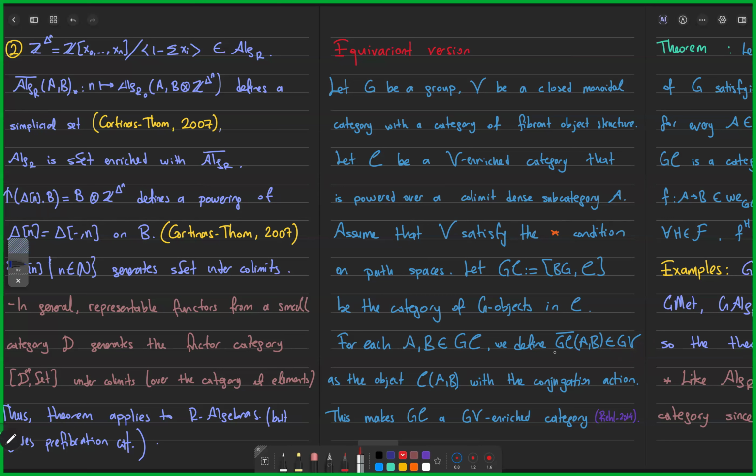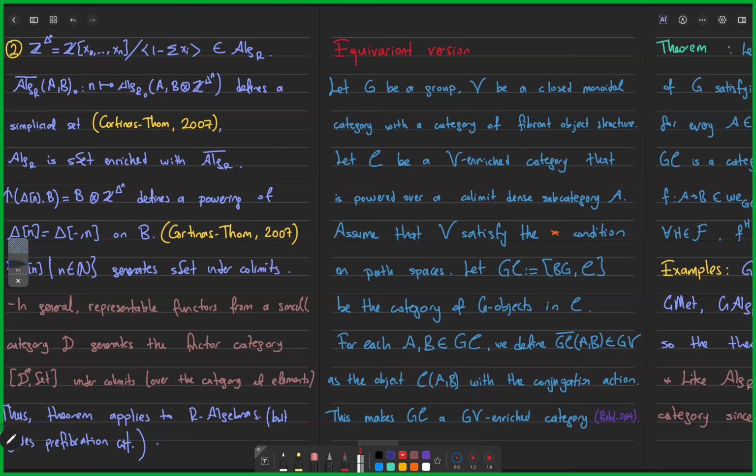Define GC(A,B) as follows. This is the object C(A,B). Remember, we choose concrete categories to work with. So this is an object in V, and we define the action as the conjugation action.